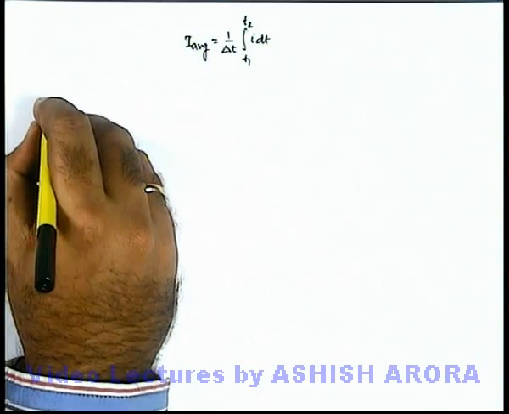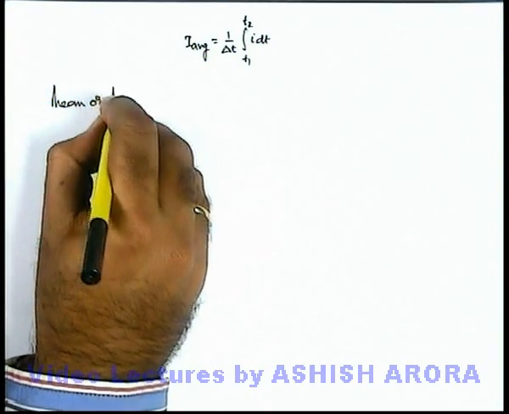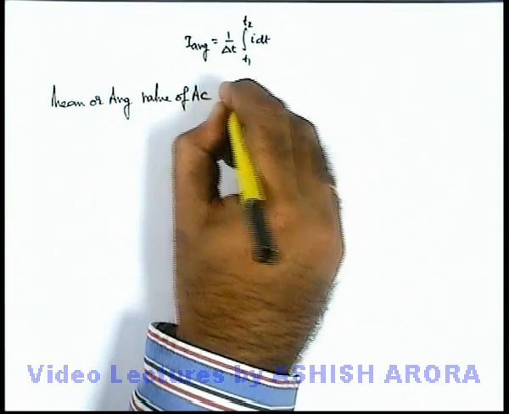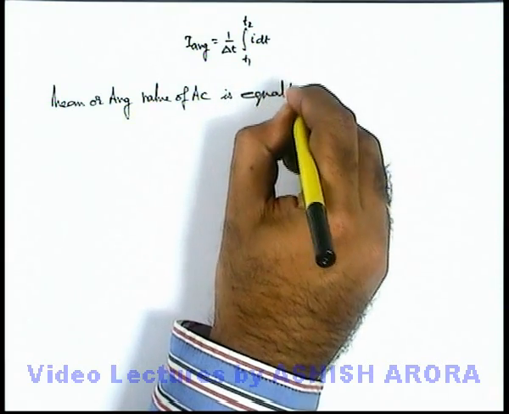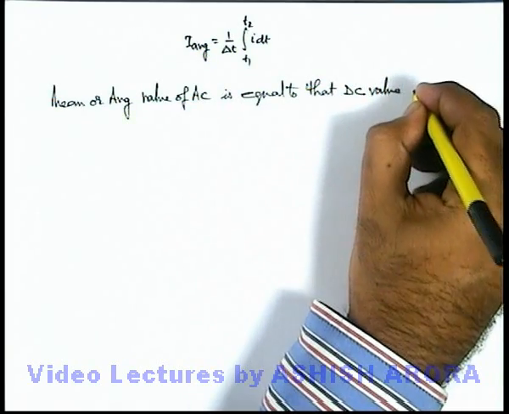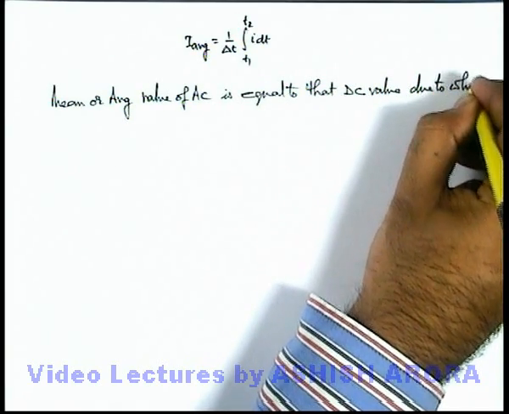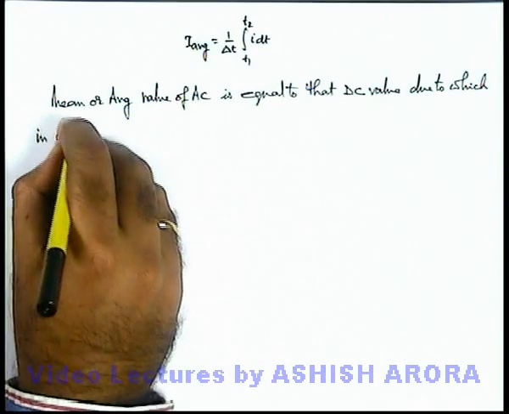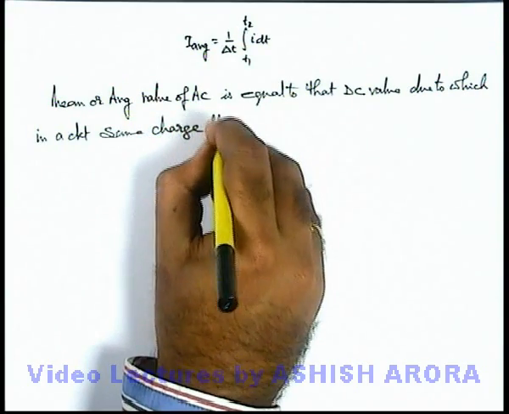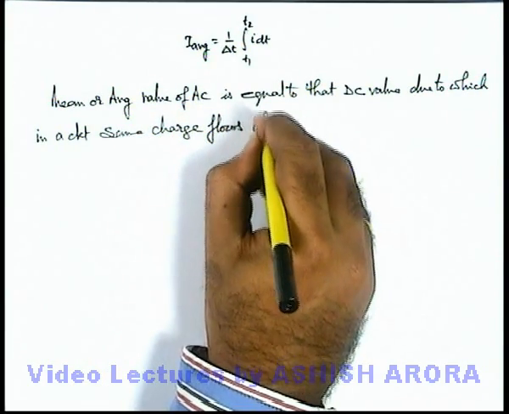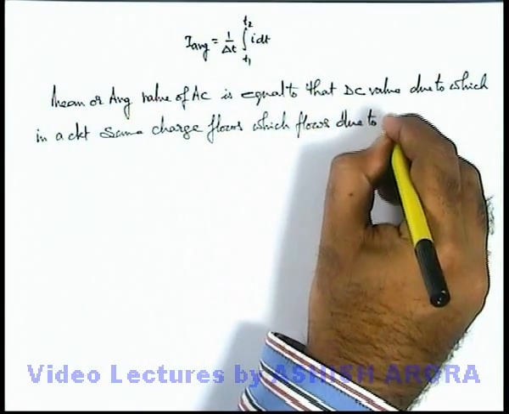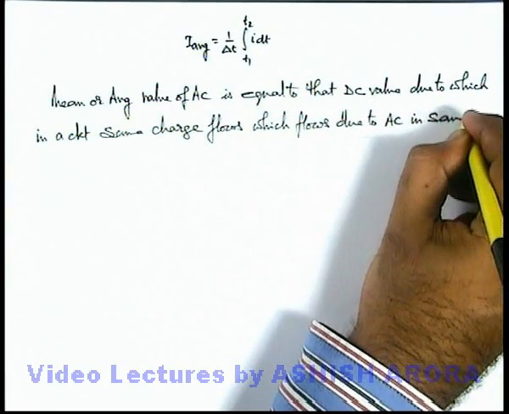Let's first write down that the mean or average value of AC is equal to that DC value due to which in a circuit the same charge flows which flows due to AC in the same duration.